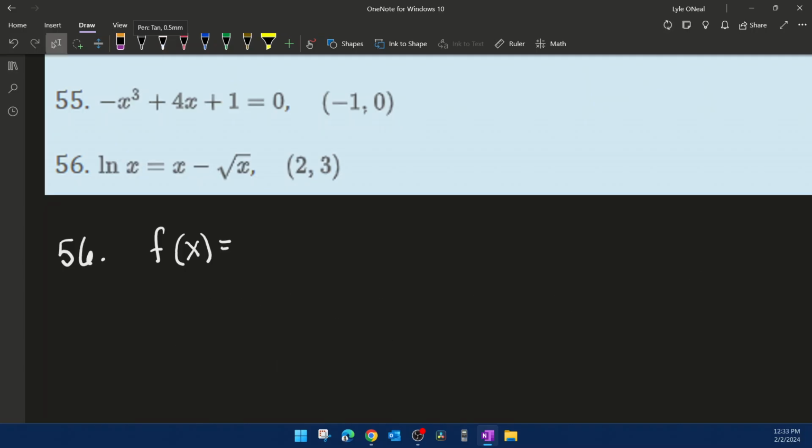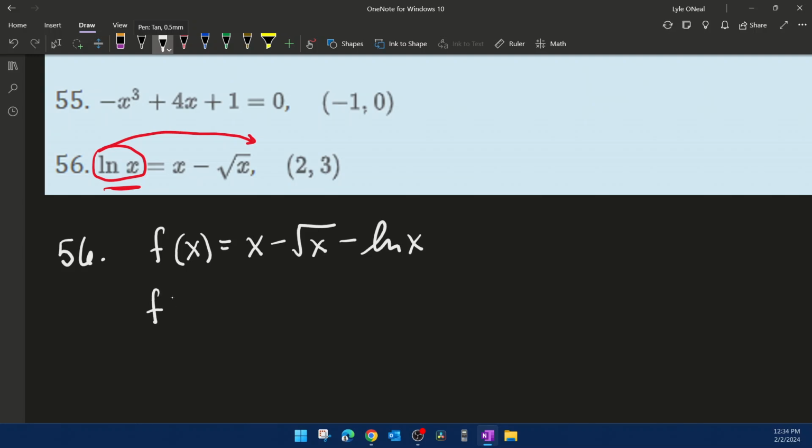Next, for problem 56, our equation is not equal to 0, and so we need to make it equal to 0. What I'm going to do is move the natural log of x to the other side, which would make this side 0, and that would make our function x minus the square root of x minus natural log of x.